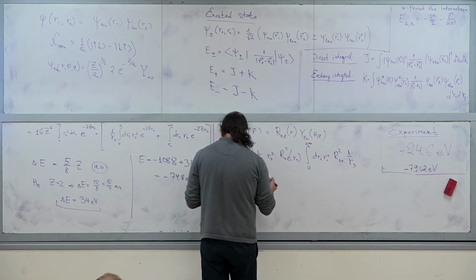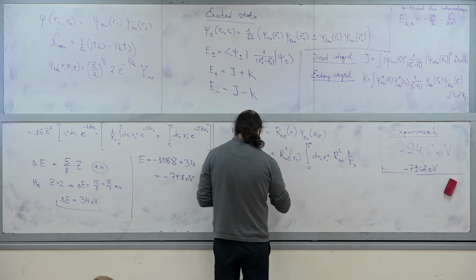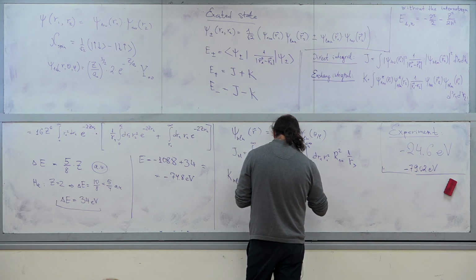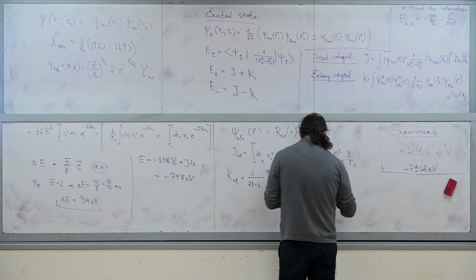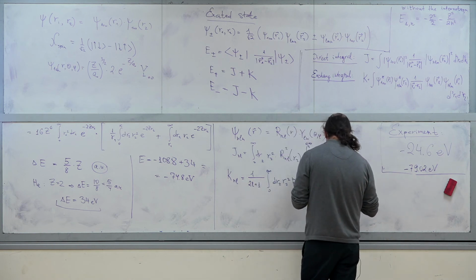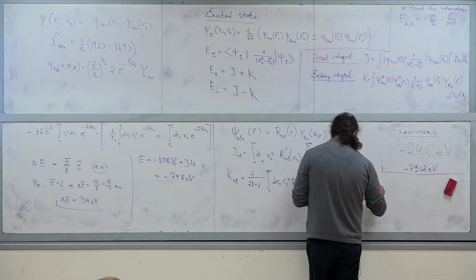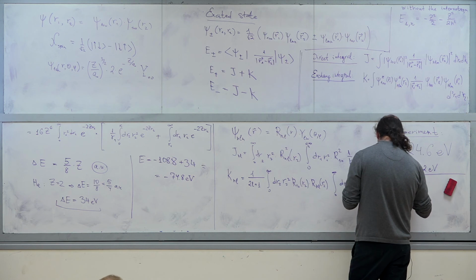K_nl is equal to 1 divided by 2l plus 1, the integral between 0 and infinity, dr2 R2 squared, R10(R2) multiplied by R_nl(R2), integral over 0 to infinity, dr1 multiplied by R1 squared, R10(R1) multiplied by R_nl(R1), times r-small to the power of l divided by r-large to the power of l plus 1.